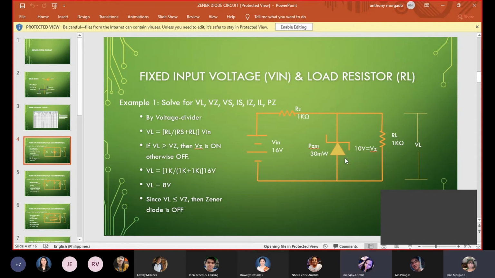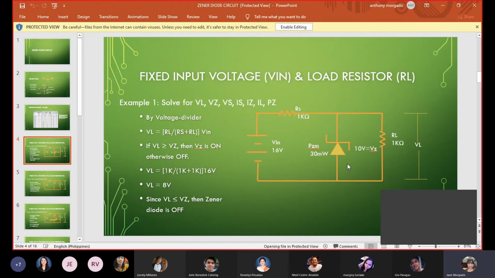Reverse, because the positive is connected to the cathode. So if the Zener diode is connected in reverse bias, we expect it to exhibit a voltage equal to the Zener voltage, wherein the cathode becomes positive while the anode becomes negative.